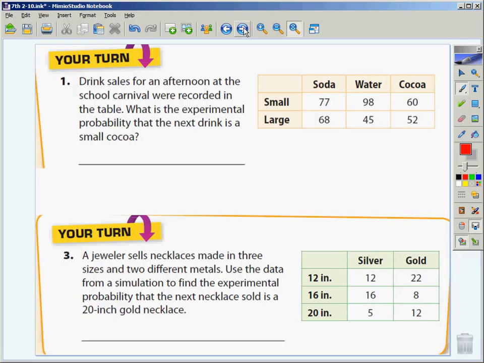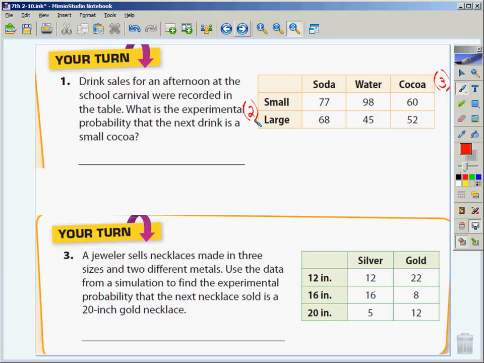Compound events. More than one thing taking place. Here, there's 3 different types of drinks and 2 different sizes of drinks. There's small and large. There's soda, water, and cocoa.